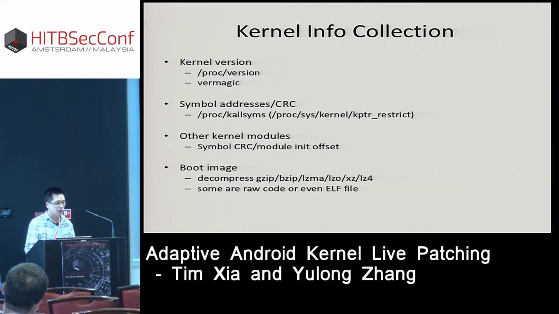It is probably compressed with gzip or bzip. The most common one is gzip, but the latest kernels use LZO, which is a very fast decompression method. Some kernel images are just raw machine code, or sometimes even ELF files.